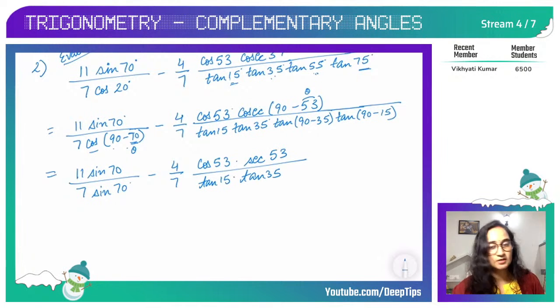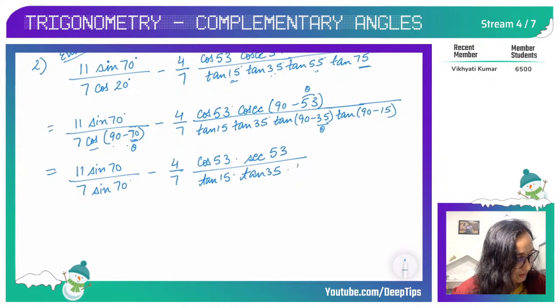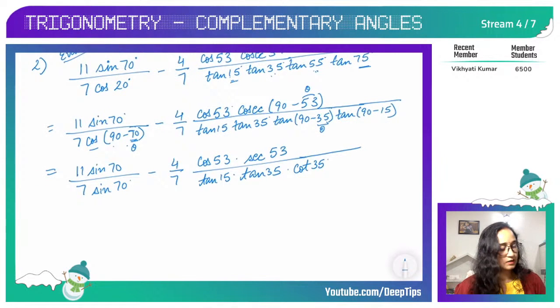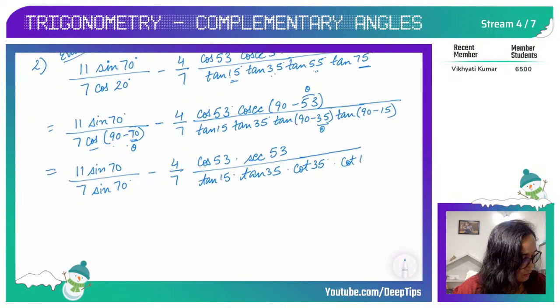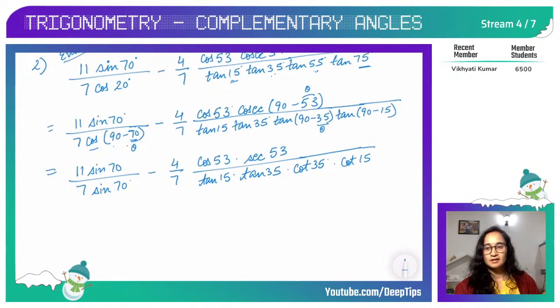Dots mean here multiplication. Then I have tan 90 minus 35, means tan 90 minus theta. My theta is 35. So tan 90 minus theta is cot theta. So I can write here cot 35. Now next is tan 90 minus 15. So this can be written as cot 15, correct?